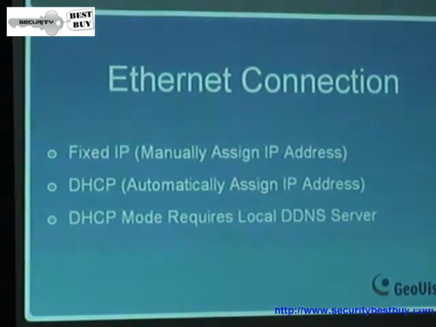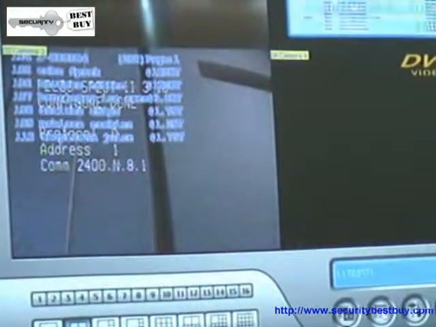So fixed IP mode is easier to configure, but you have to do them manually. If you have 16 of them, you have to repeat the same steps 16 times. And we also support DHCP mode, in which our V2E can get IP addresses from a DHCP server in your network.